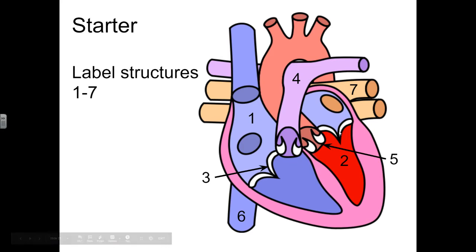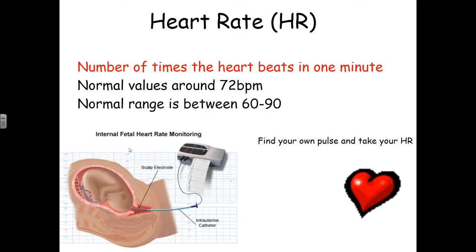This here would be another AV valve, and that's another semilunar. 6, if I can find it, looks like the inferior vena cava, and that would be the superior. And 7 is probably going to be the pulmonary vein. Yeah, that's pulmonary artery. Good.